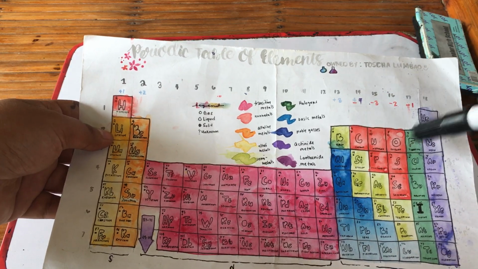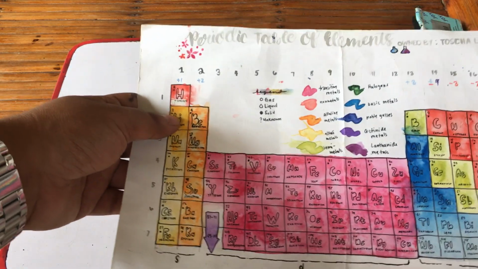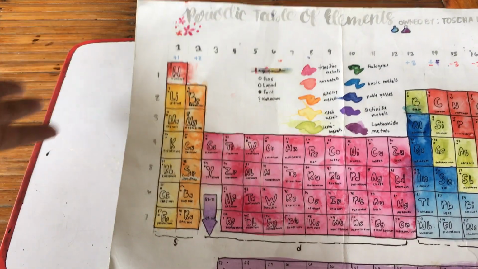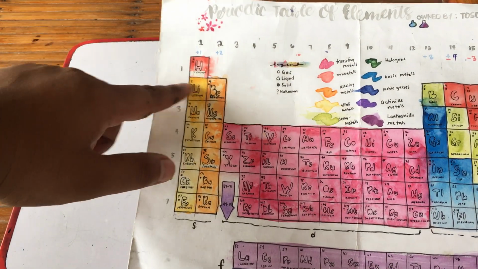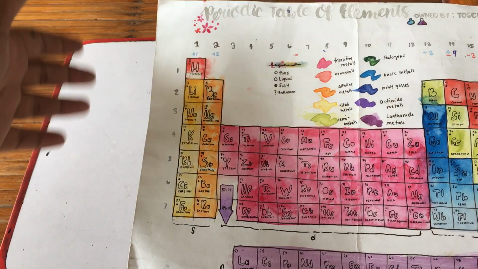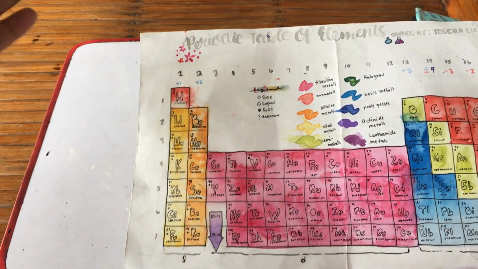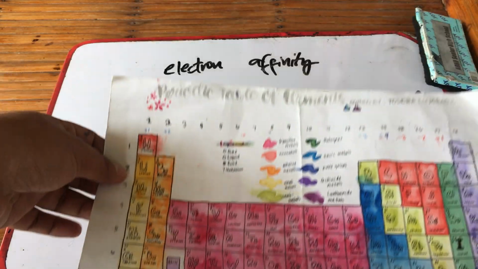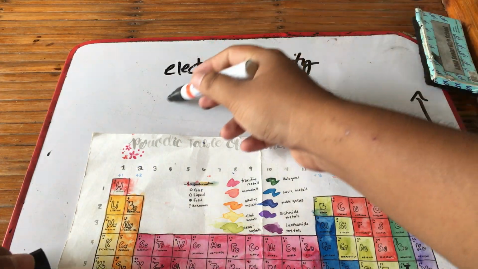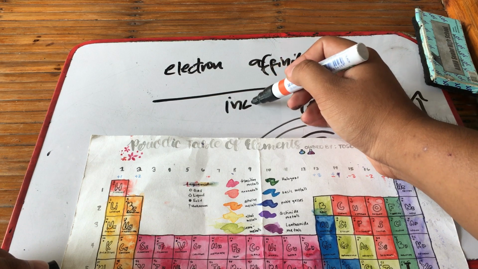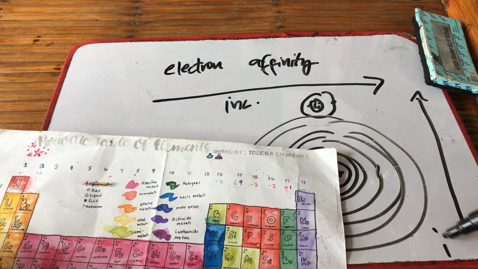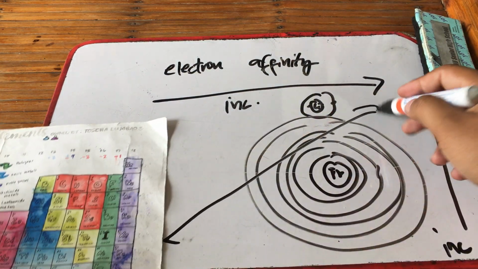Their electron affinity is very strong as compared to our metals, which can easily release electron, making our metals very reactive in particular. So therefore, the trend would be going this way. So increasing and then also increasing. So papunta rin dito.